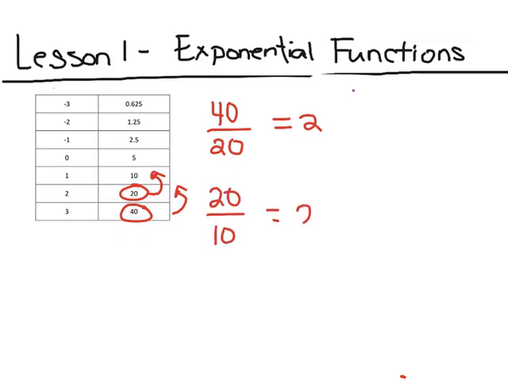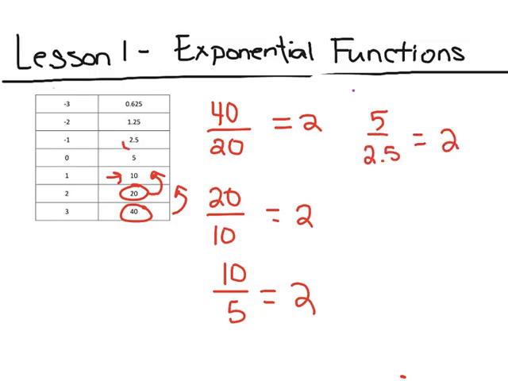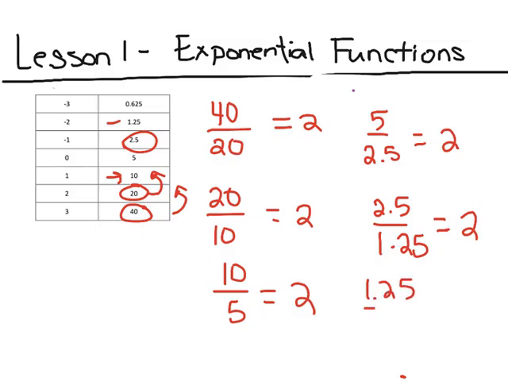Then we go 10 divided by 5 is 2. 5 divided by 2.5 is 2. Now we're at 2.5 divided by 1.25, and you get 2. And the last one is 1.25 divided by 0.625, which is also 2.